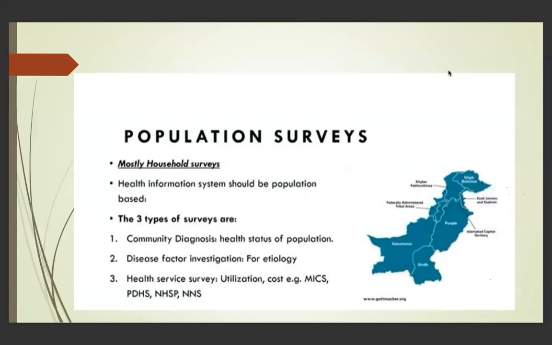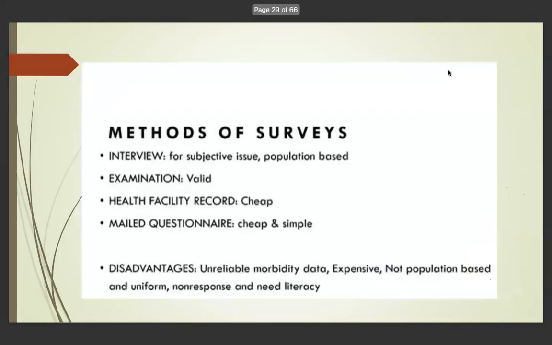Population surveys. Mostly household surveys would be talked about, and a health information system should be population based. The three types of surveys are, first, the community diagnosis, where the health status of the population would be talked about. The second is the disease factor investigation for etiology. Third is the health service survey, the utilization and cost, for example, multiple indicator cluster surveys and the primary demographic health system.